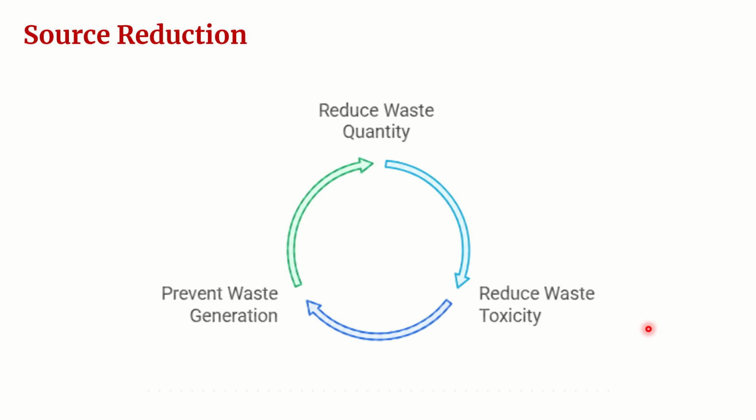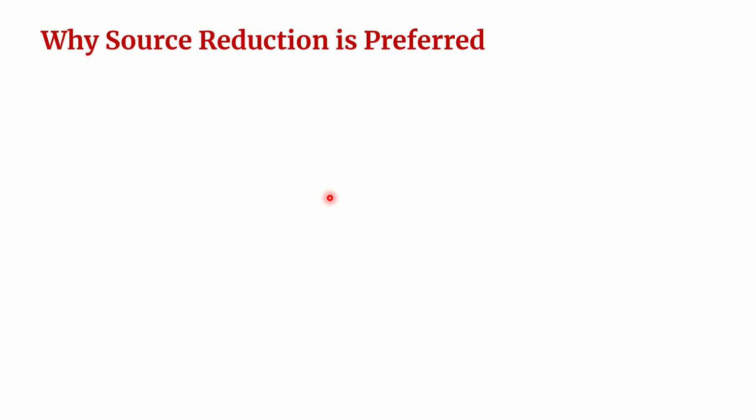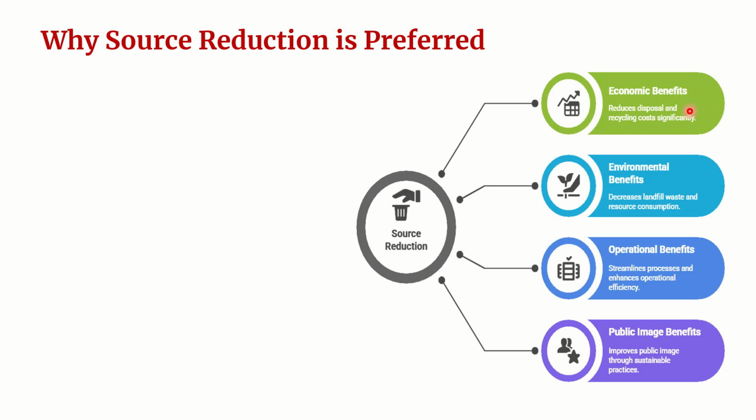Source reduction is reducing the quantity and or toxicity of waste and emissions at their point of generation within a process, product, or service. So why is source reduction preferred?